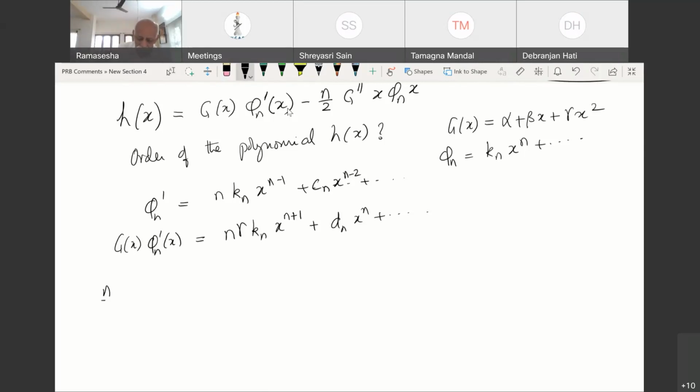And what happens in n by 2 G double prime x P n? G of x is alpha plus beta x plus gamma x squared, so G double prime is equal to 2 gamma. Is that clear? So this will have n by 2 into 2 gamma into K n x to the power n plus 1.